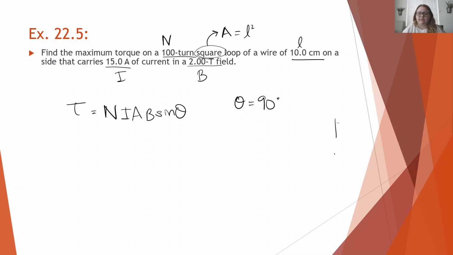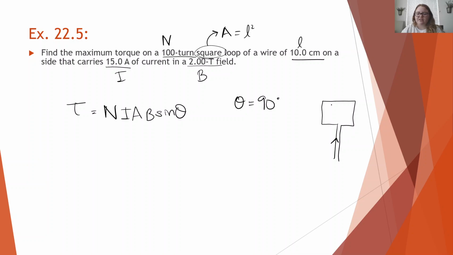So we have something like, if I can draw this, let's pretend that's a square.